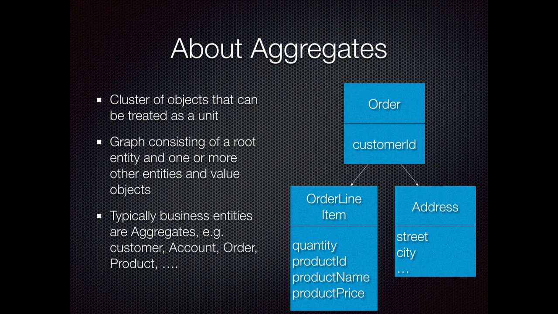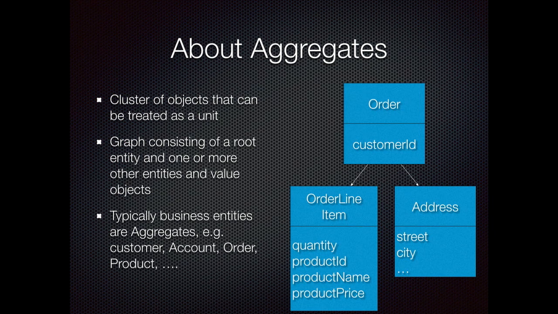So it's just this idea of grouping classes in your domain model into these chunks that you can treat as a single unit. So that's useful in a conceptual sense.